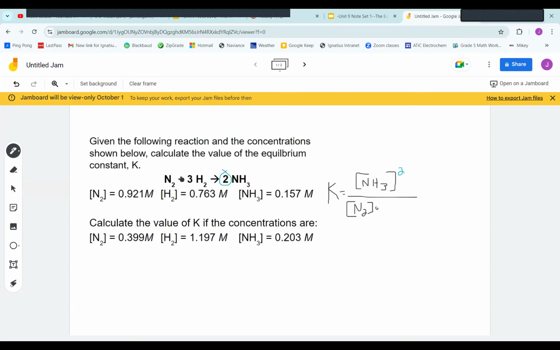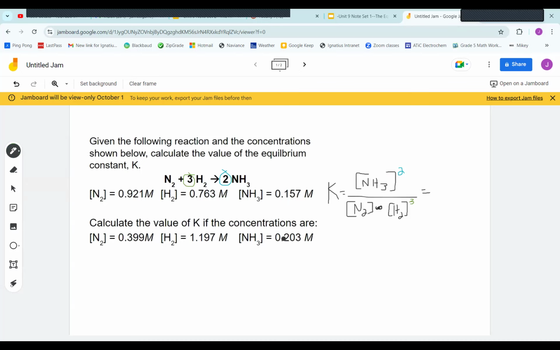And you'll notice that N2 has an implied coefficient of 1, so its exponent would be 1 in the expression. The other reactant is H2, and it has a coefficient of 3. Because of that coefficient 3, we need to be sure to cube the value of the concentration of H2.